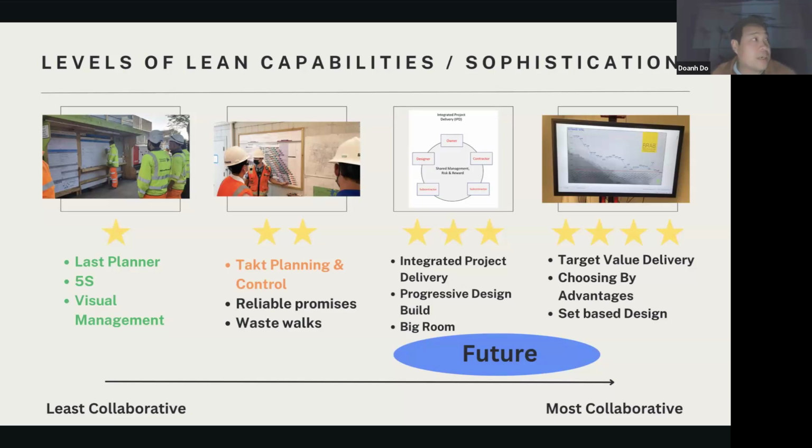So in Asia, what I'm seeing right now in Indonesia and in Singapore and in Japan, is that they're just starting to learn and apply these concepts. Right now I don't have any advanced projects that you can see. Even in India, they're roughly in the same areas as you, right? They're at Last Planner, they're at 5S, visual management.